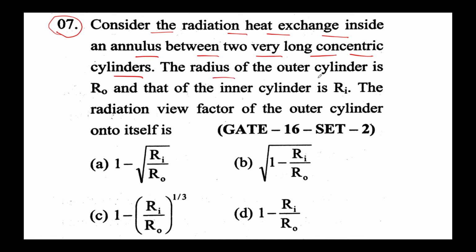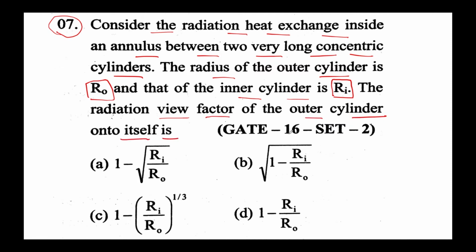The radius of the outer cylinder is designated as R suffix O, and that of the inner cylinder is designated as R suffix I. The radiation view factor or shape factor or geometry factor of the outer cylinder onto itself.